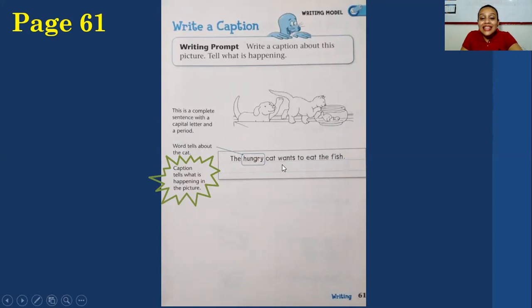What word tells us about the cat? Hungry. Now, the cat would like to eat the fish, but hungry is explaining how it is feeling now. So a caption is a sentence that tells us what is happening in a picture.